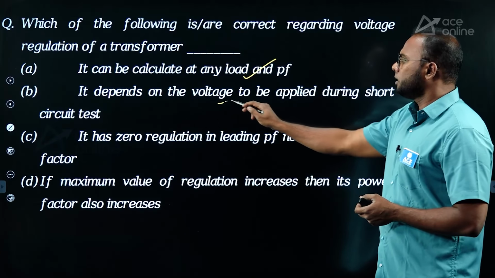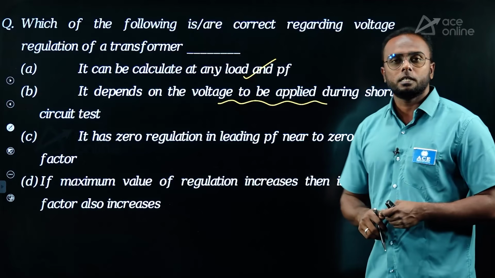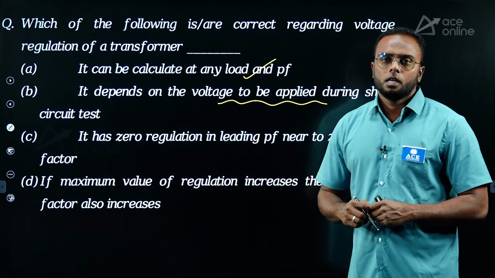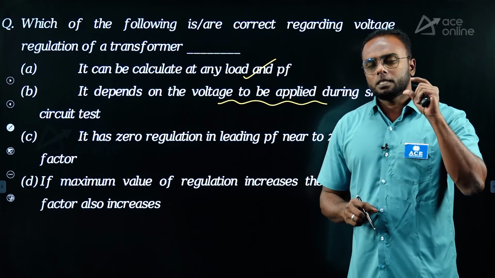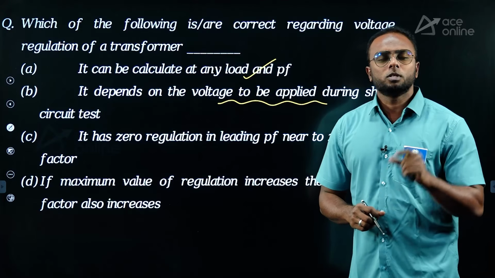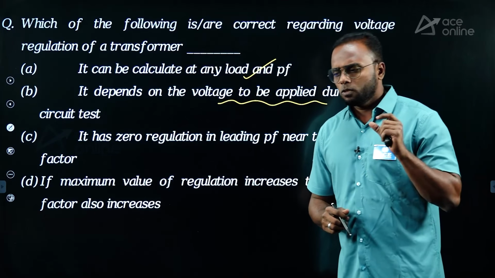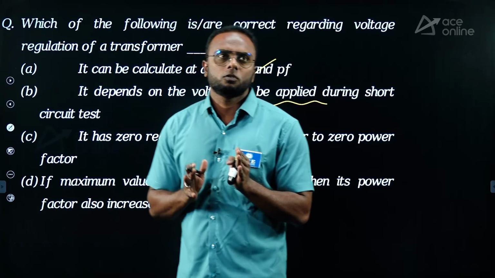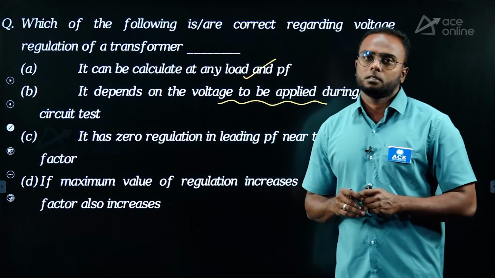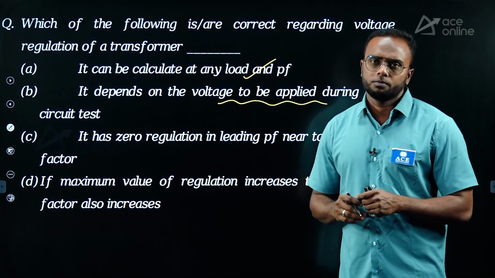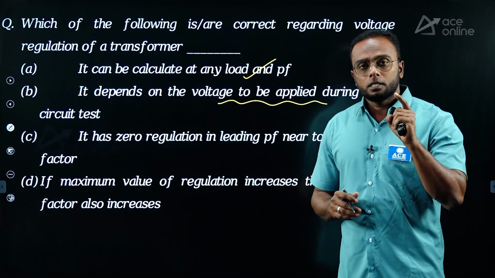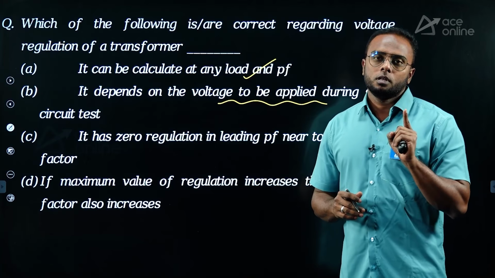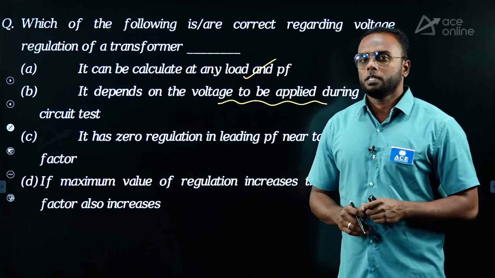It depends on the voltage to be applied during short circuit test. Yes. See, we need to apply some voltage during short circuit test. How much voltage we need to apply? We need not apply rated voltage. We have to apply some reduced voltage, approximately some percentage. So if the voltage required to be applied is more, then automatically the impedance value increases.